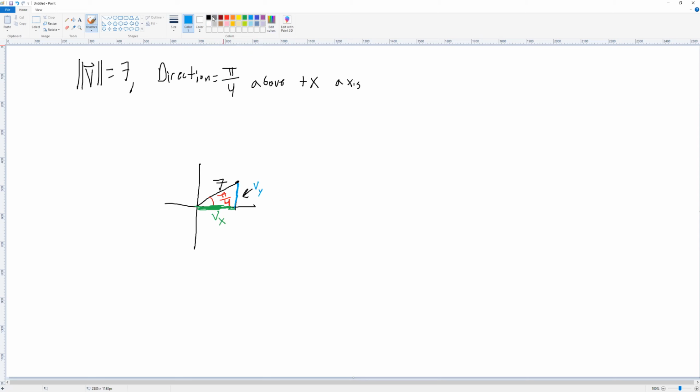So sine of pi over 4, or that angle, is going to be opposite over hypotenuse, which equals Vy over 7. Cosine of pi over 4 equals Vx over 7.